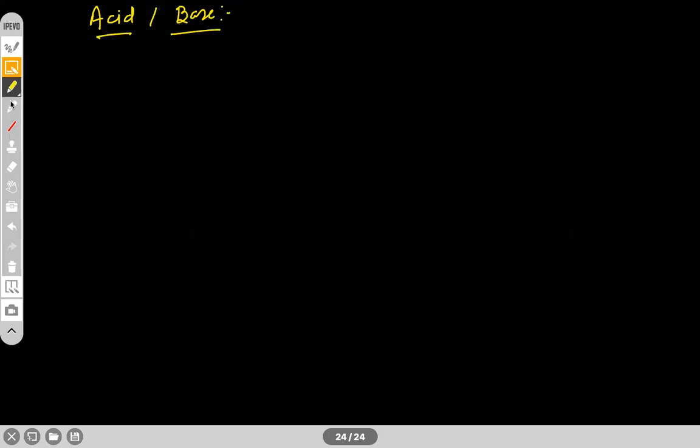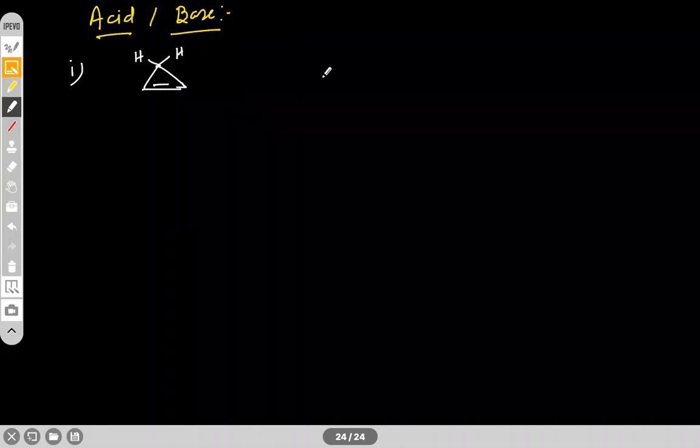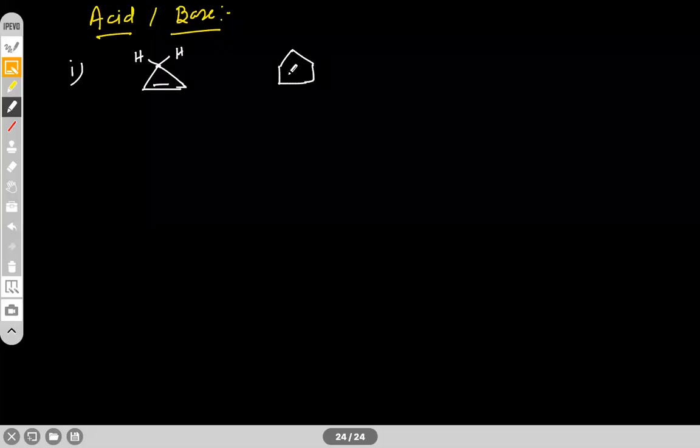The first compound is this. You have to compare the acidic behavior of this hydrogen, H, H, and here we have this. Okay, this is suppose alpha and this is beta.